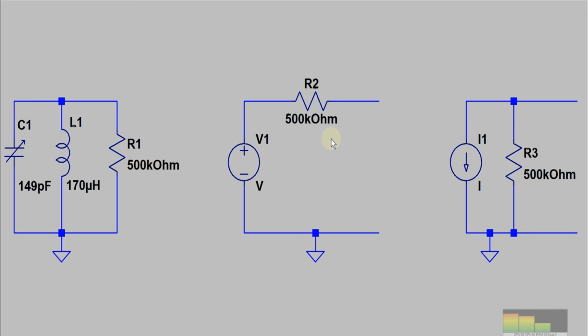We have to remember this: the output impedance of our tank circuit is in the range of many dozens, if not many hundreds of kilo ohms, if we take care to get a high quality, high Q factor tank circuit.